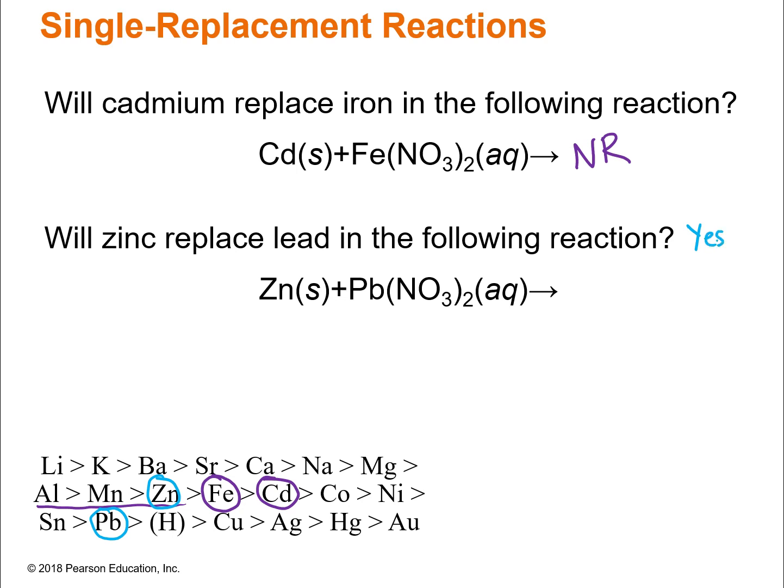If zinc replaces lead, we need to be able to write what our products are. So we're going to take the zinc and pair it up with the nitrate.